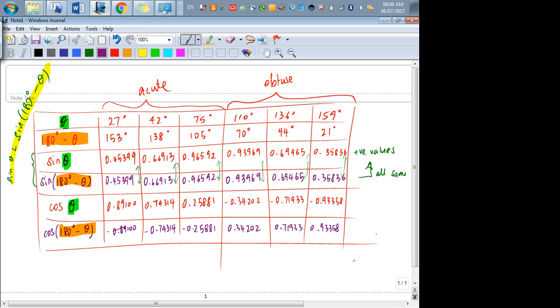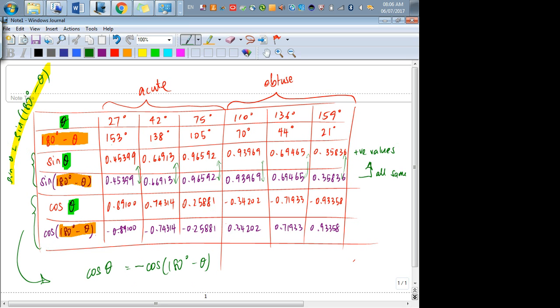Okay? So what do we conclude from this? Can I write cosine theta equals cosine 180 degrees minus theta? Not really, right? Only the magnitude is the same. If I were to write this down, then my signs are different.